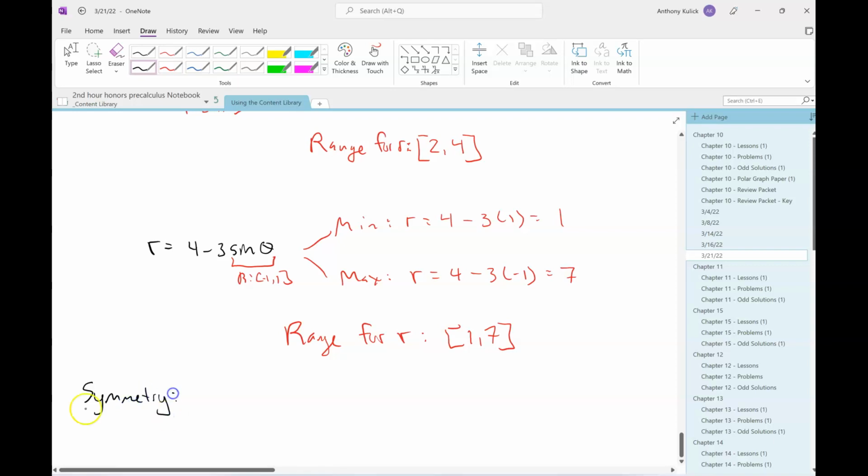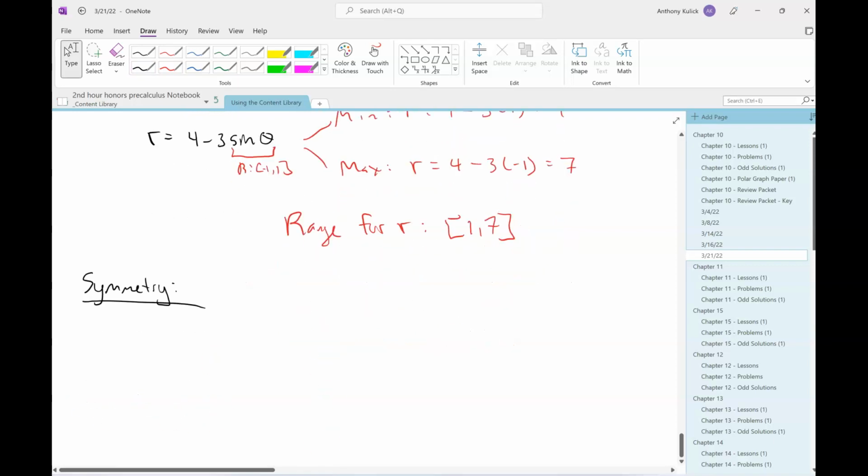Let's talk now about symmetry. Do you guys remember the 3 types of symmetry? So there's symmetry about the x-axis. There's symmetry about the y-axis.